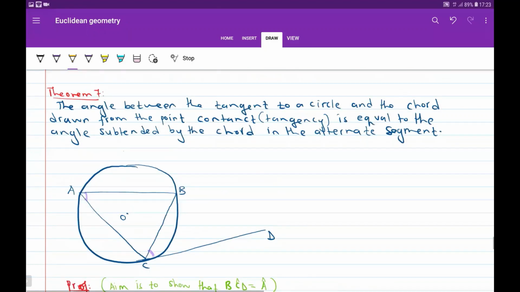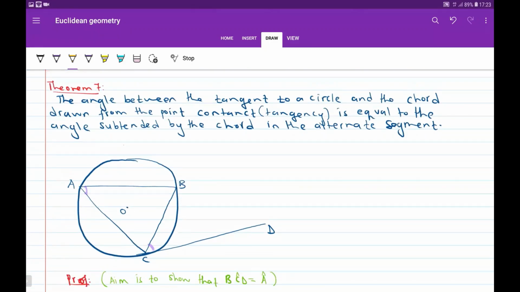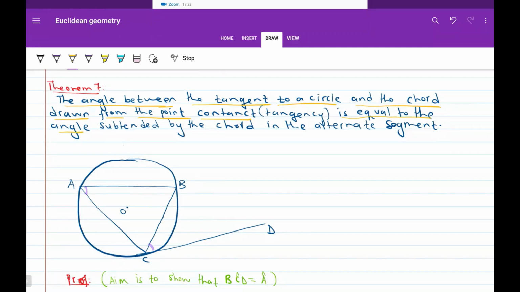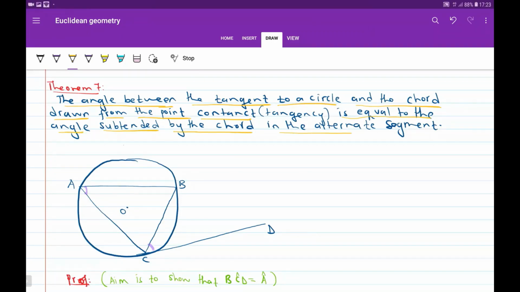Then theorem number 7. The angle between the tangent to a circle and the chord drawn from the point of contact is equal to the angle subtended by the chord in the alternate segment.